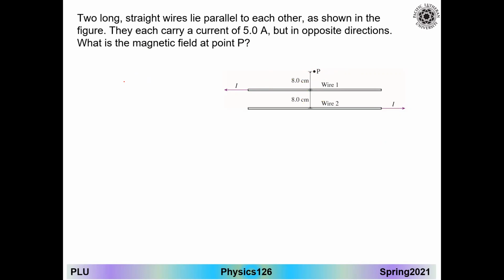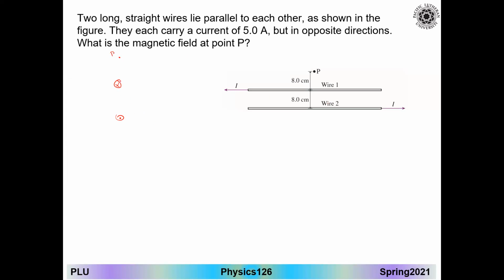By rotating the wires 90 degrees, I1 will be toward the inside of the page, and I2, the current from wire 2, will go outside of the page. And here is my point P at that distance.